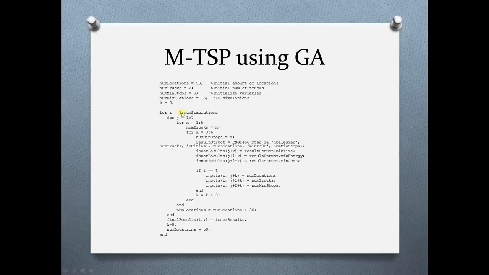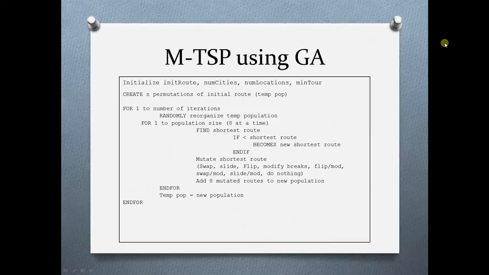Basically, all this code does is it enters these inputs into a function called MTSPGA, or more particularly ENGI 460 MTSPGA, and runs these inputs through that function in order to output what the minimum time, the minimum energy, and the minimum cost would be given these parameters. Running these enough times with all of our different variations of inputs will give us enough information to be able to run a DOE and figure out which factors are significant.